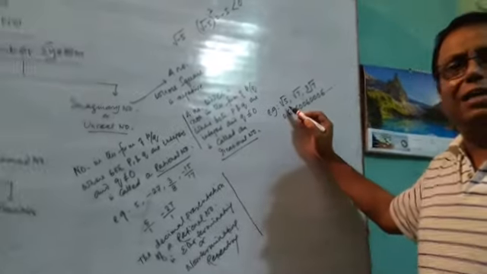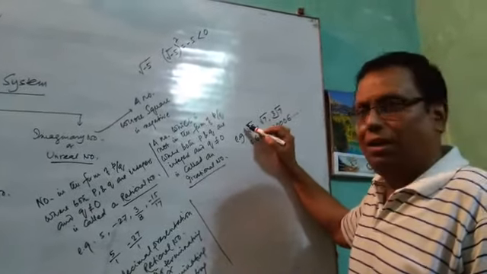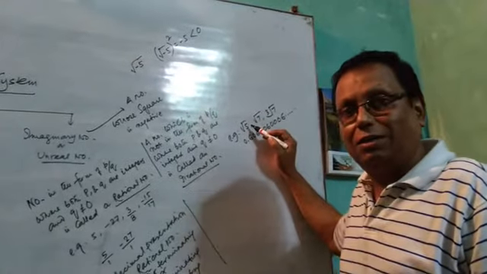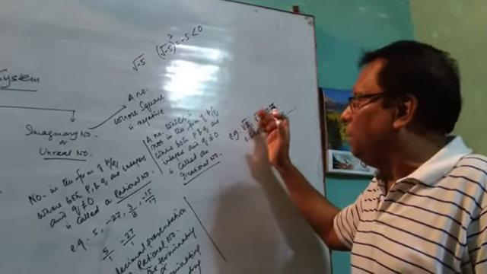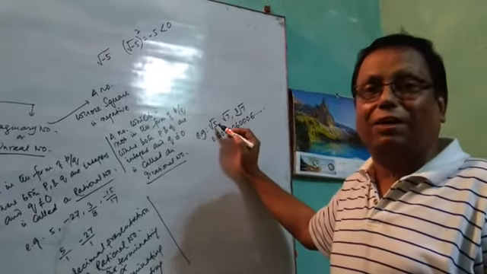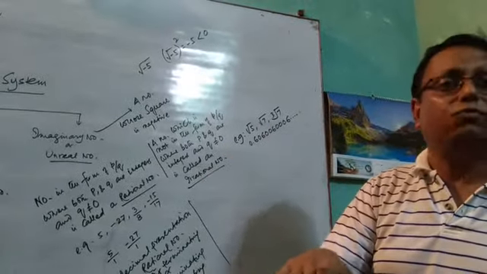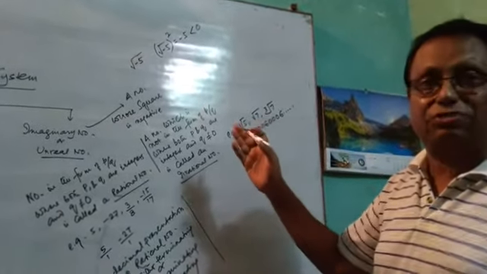Root 5, I said irrational number. Why is root 5 an irrational number? Because this is the radical and 5 is known as the radicand. This radicand cannot be completely taken out from the radical sign. 5 is not a perfect square. So 5 cannot be taken out from the radical sign and hence it is irrational.